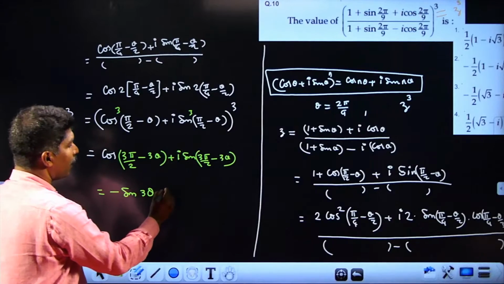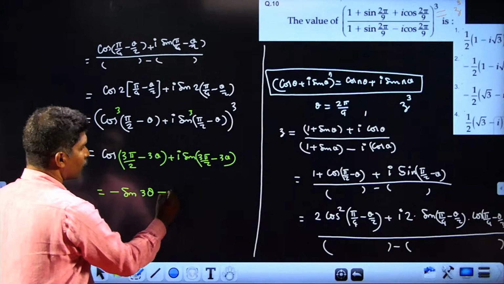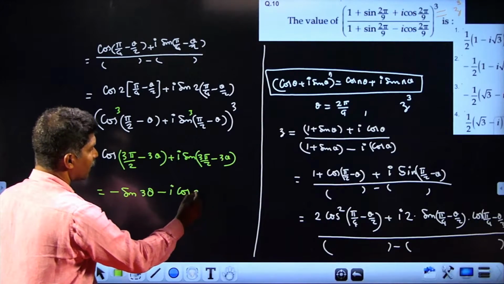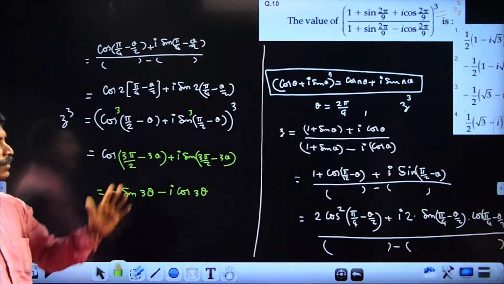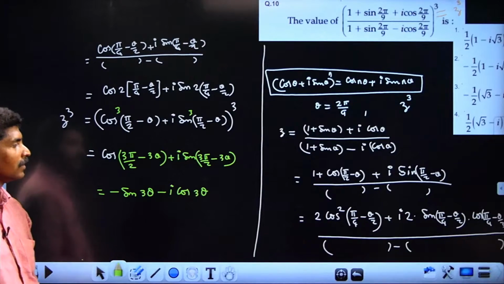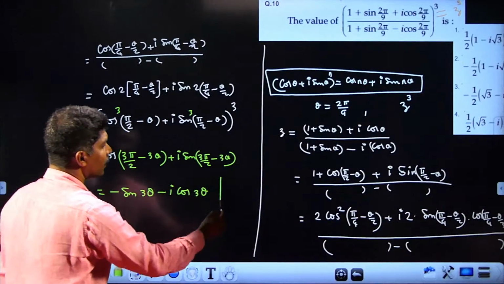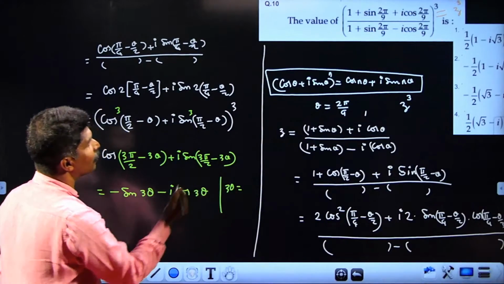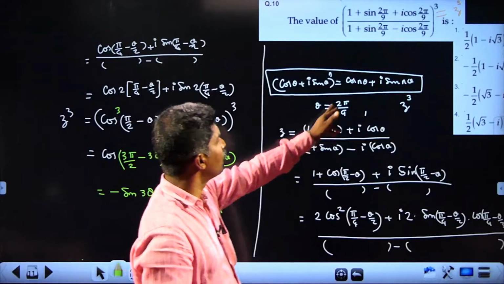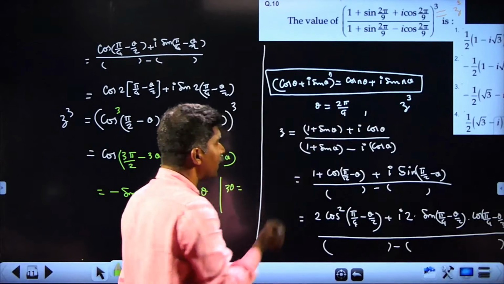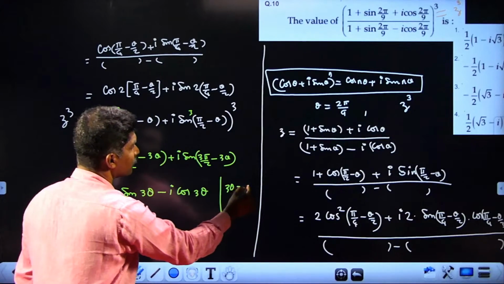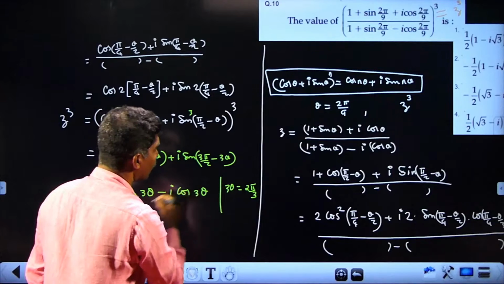Minus i into cos 3 theta. Taking 3 pi/2 - 3 theta, the co-function comes. Now what is 3 theta? Theta is our 2 pi/9, so 3 theta is 2 pi/9 into 3, so it is 2 pi/3.